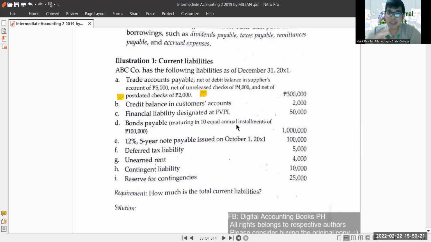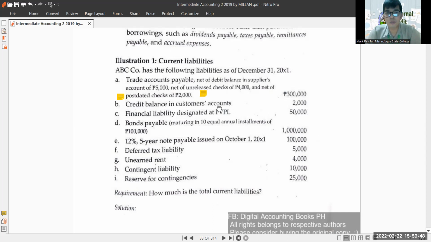Okay. So letter B, credit balance in customer's account. Isipin natin to. Customer's account naman. So in this one, tayo naman yung supplier. So kung mayroong customer's account, ibig sabihin this is accounts receivable. Ang accounts receivable, ang normal balance niyan ay debit. Eh credit balance siya ngayon.